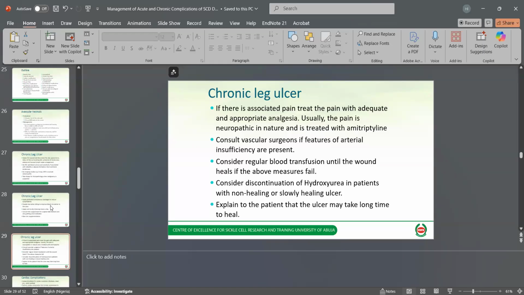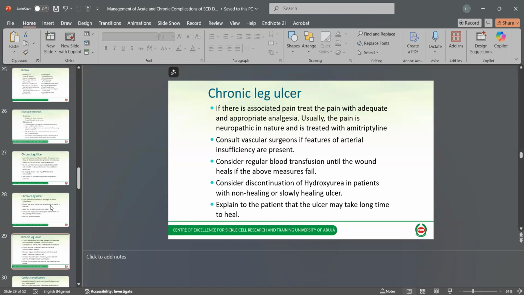Very rarely you see some patients whose wound ulcer is actually being worsened by hydroxyurea if they are on hydroxyurea. So in that case, we may have to discontinue the hydroxyurea, but this is very rare.